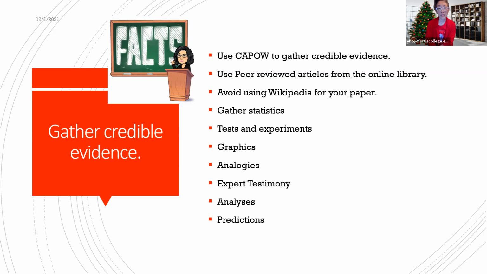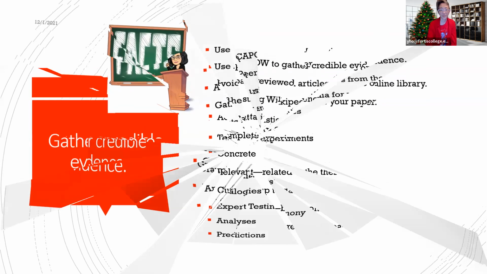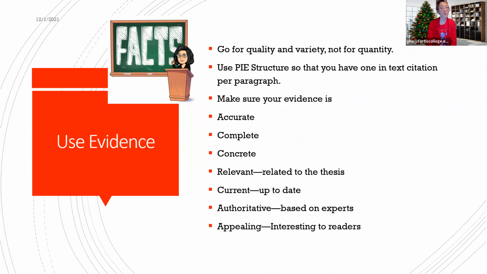Avoid using Wikipedia because anybody can upload anything to Wikipedia. Other kinds of credible evidence include statistics, tests and experiments, graphics, analogies, expert testimony, analysis, and predictions. Go for quality and variety, not for quantity.